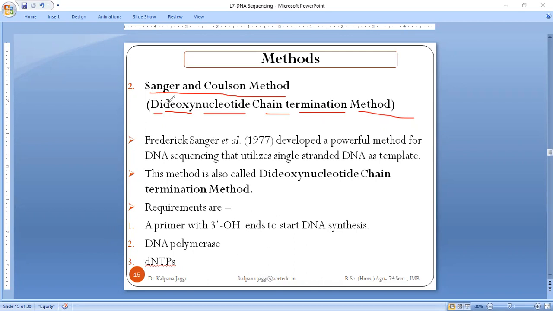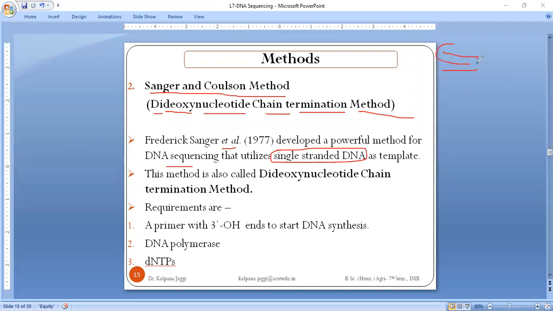The full name of Sanger is Frederick Sanger. He and his co-workers, in the year 1977, developed another powerful method that was utilized for DNA sequencing. But here, the need was only a single strand of DNA. In the previous method, we were using double stranded DNA.